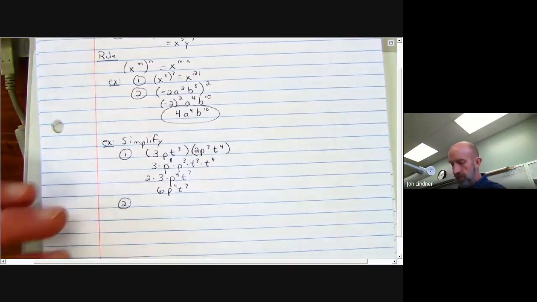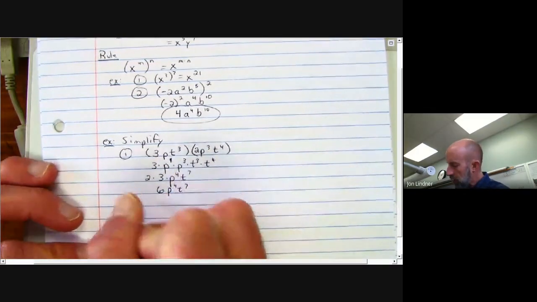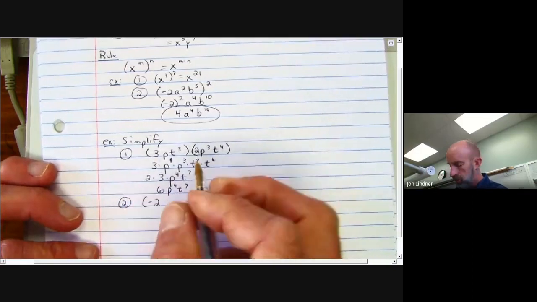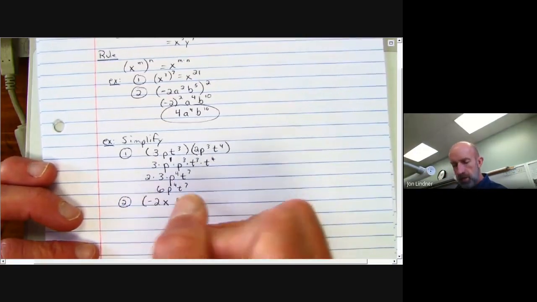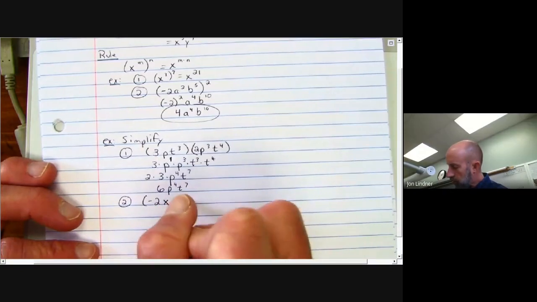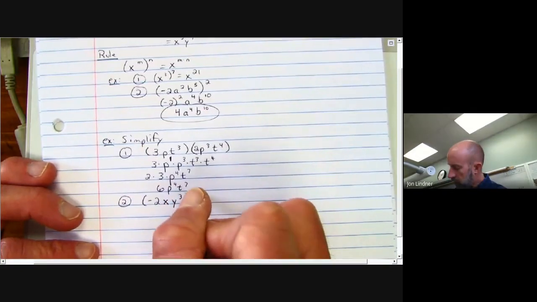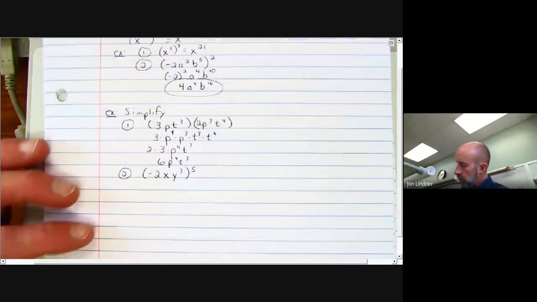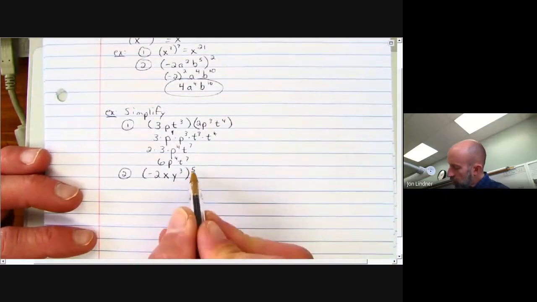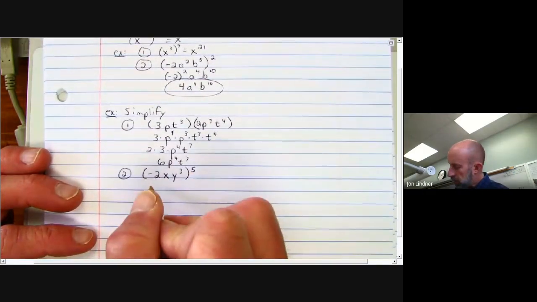What if I have -2 x y to the third, excuse me for my bell, I'm going to keep teaching, like this. This power has to be applied to everything on the inside.